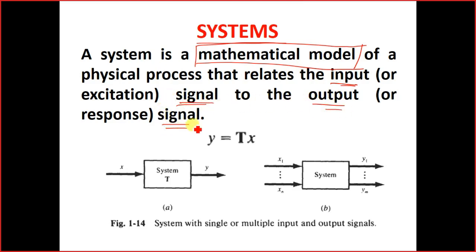So what it says is that if we try to relate the output from a system and the input to a system, then there exists a mathematical model given by y equals T(x), where T is the transfer function of the system.